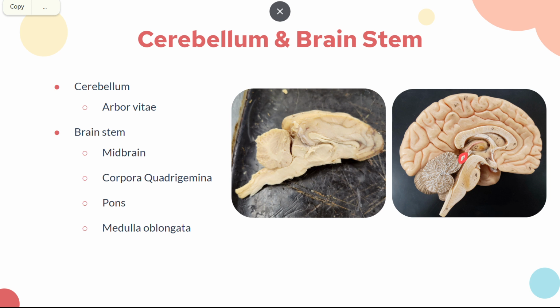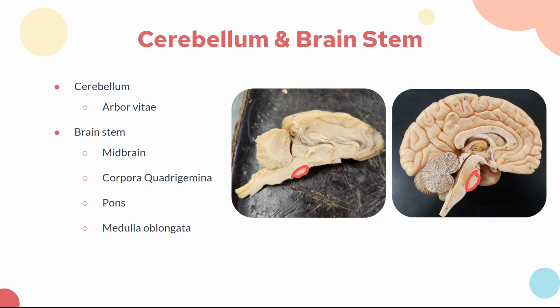As for the sheep brain, it would be around this area right here, where our corpora quadrigemina would be. And then we know that the pons looks like a beer belly. So the pons would be this section right here that sticks out and protrudes a bit.